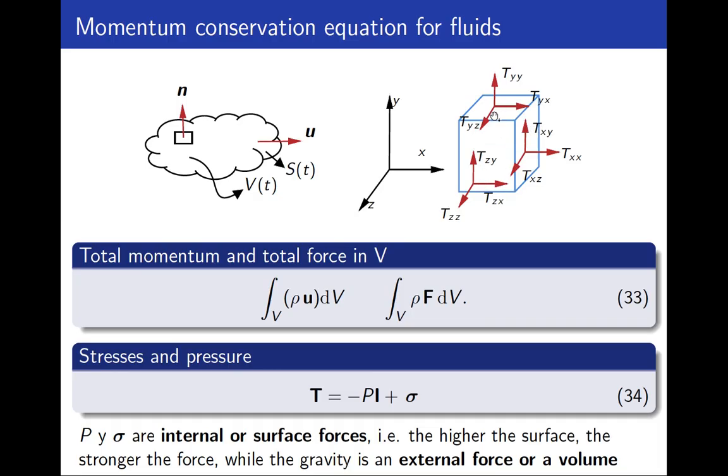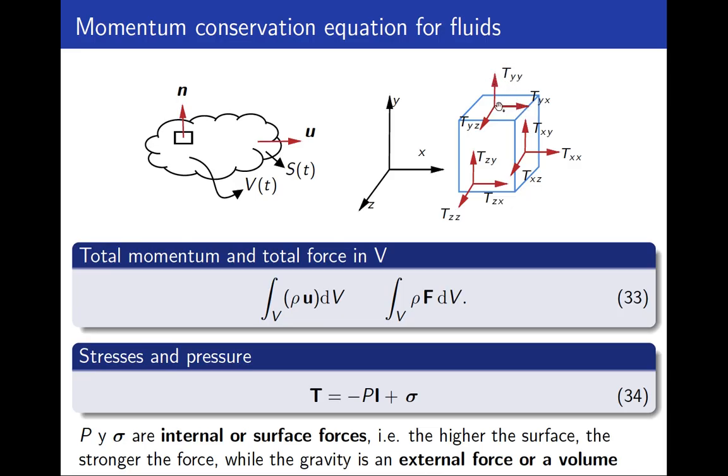Now let's quickly analyze this area. The normal over this area will be pointing out in the y direction. That's why y appears in the three elements over here. But now the force here is being applied in the y direction, so we have the contribution tyy.